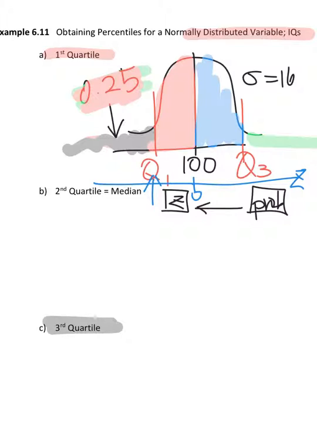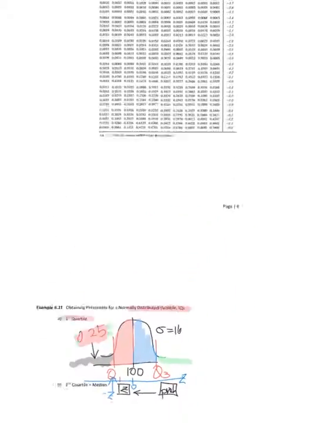Absolutely, it will be a negative z-score. Why do I ask? Because we had 2 pages, one for negative z-scores and one for positive z-scores. So you have to choose either page. If I take the negative z-score, we go to the negative page. If I take the positive z-score, we go to the positive page. So now we need the negative one. Let me go to the negative page. Yes, here.